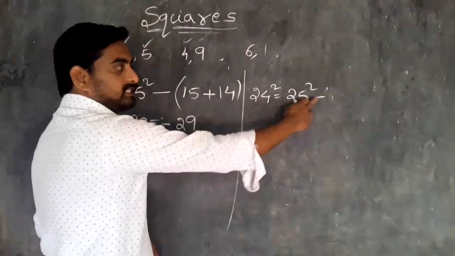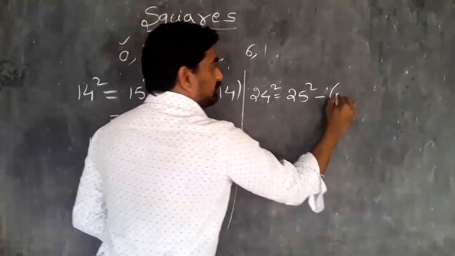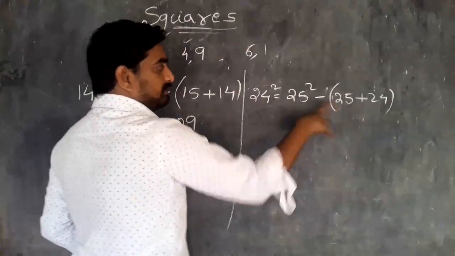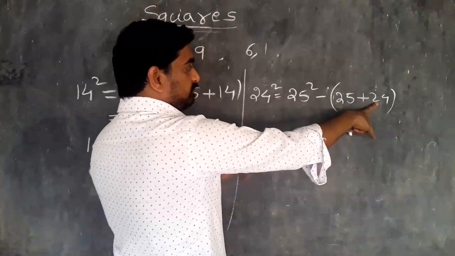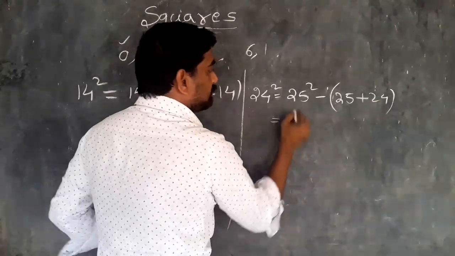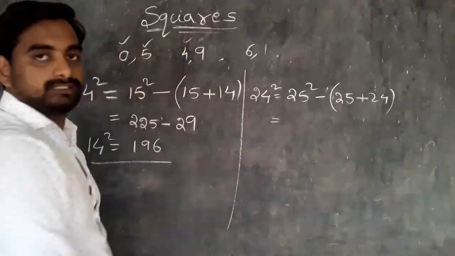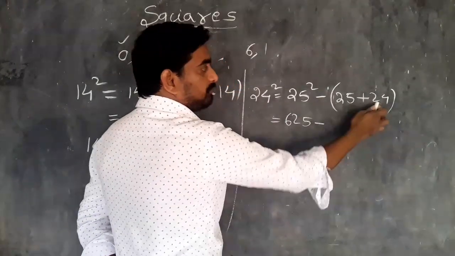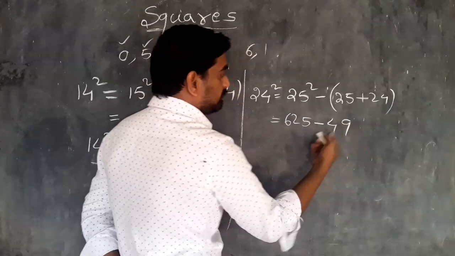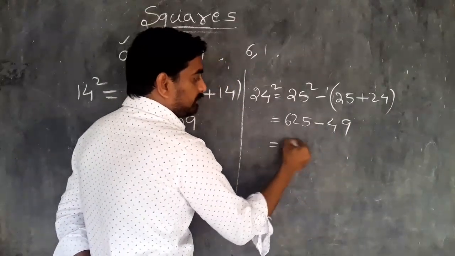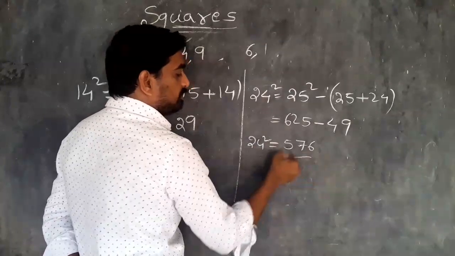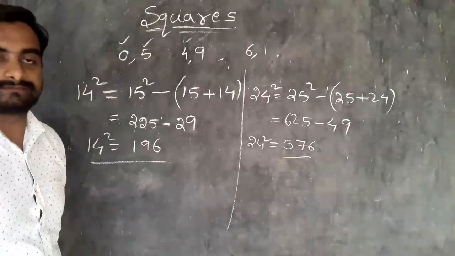It's a big number, that's why we subtract 25 plus 24, because we want 24 square. 25 square we already did before, it means 625, minus both added, 49. So we subtract both of them, we got 576. So 24 square equals 576.